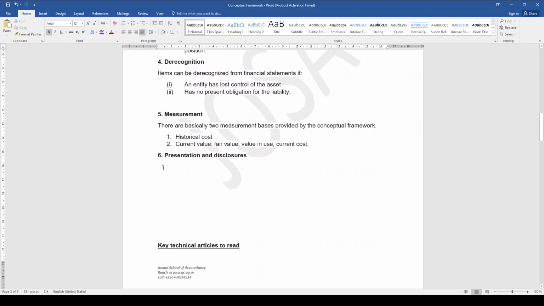Because this process involves always remeasuring our asset to the current value, putting them under other comprehensive income would give us a better representation of the performance of the entity during the year for all items under the profit or loss.